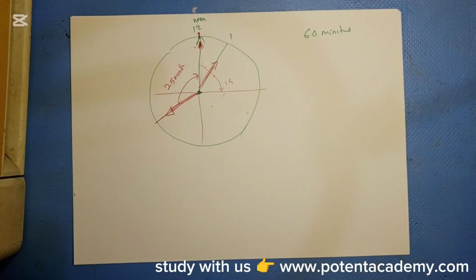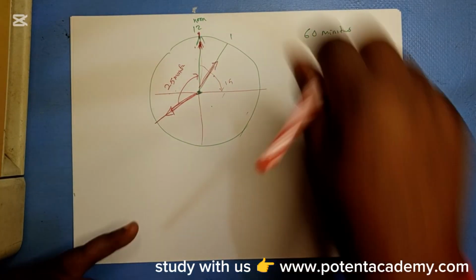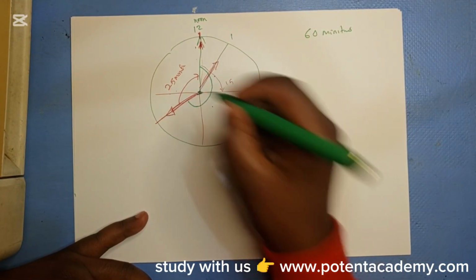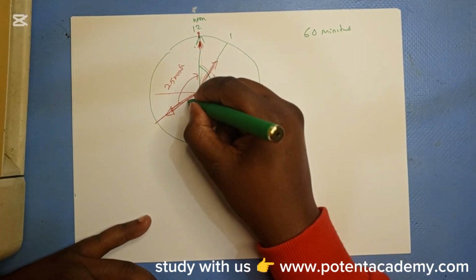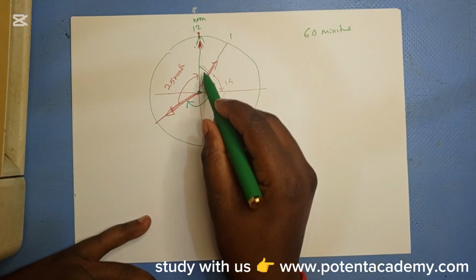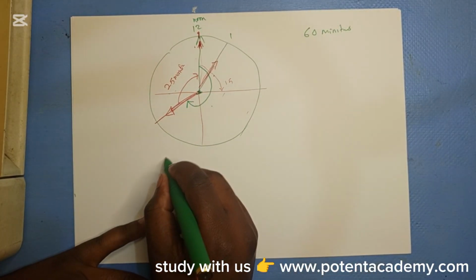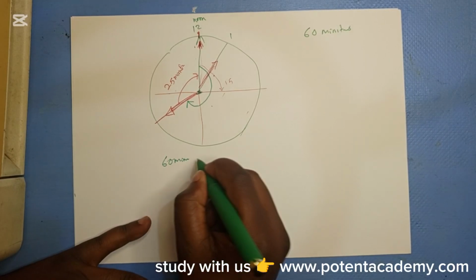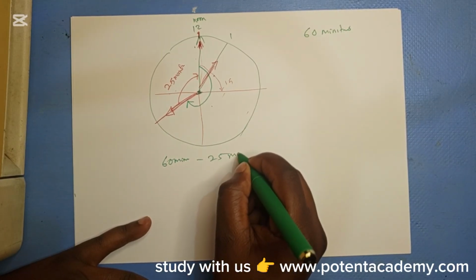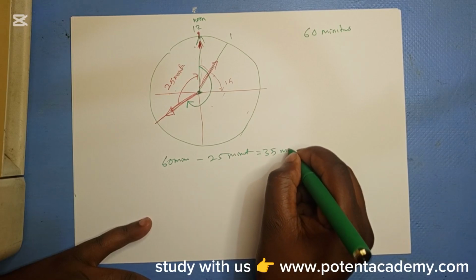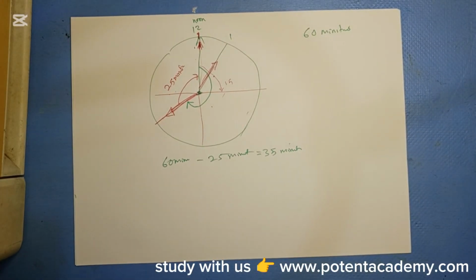And we are being asked to find the angle through which it moved. Now we know it moved from here up to this point, and remember it goes around 60 minutes. So 60 minutes minus 25 minutes will be 35 minutes.